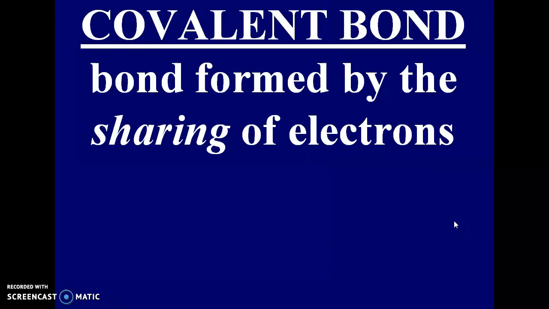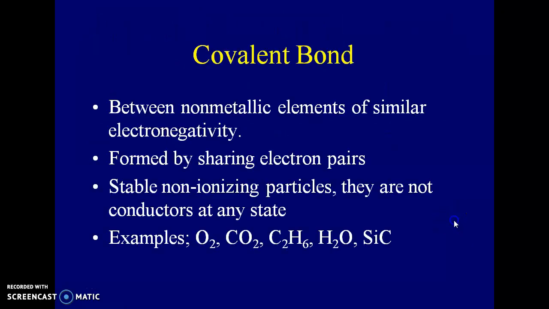The second one is the covalent bond, formed by the sharing of electrons. In this type of bond formation, similar or dissimilar atoms participate. The most important condition is that both are non-metallic species, and sharing of electrons takes place between non-metallic species.